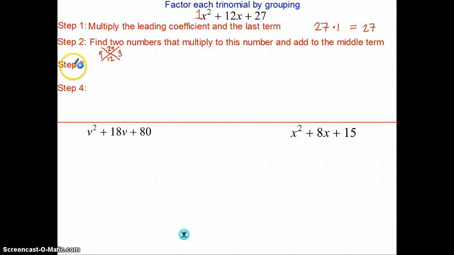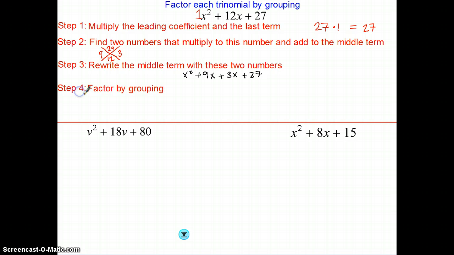So now that I've found my 9 and 3, my third step is to rewrite the middle term with these two numbers. So instead of a 12, I am going to split that up into 9 plus 3. So I'll have x squared plus, instead of 12x, I'm going to undo it and write it as 9x plus 3x plus 27. This is exactly the same thing as we started with, it just looks a little bit different.